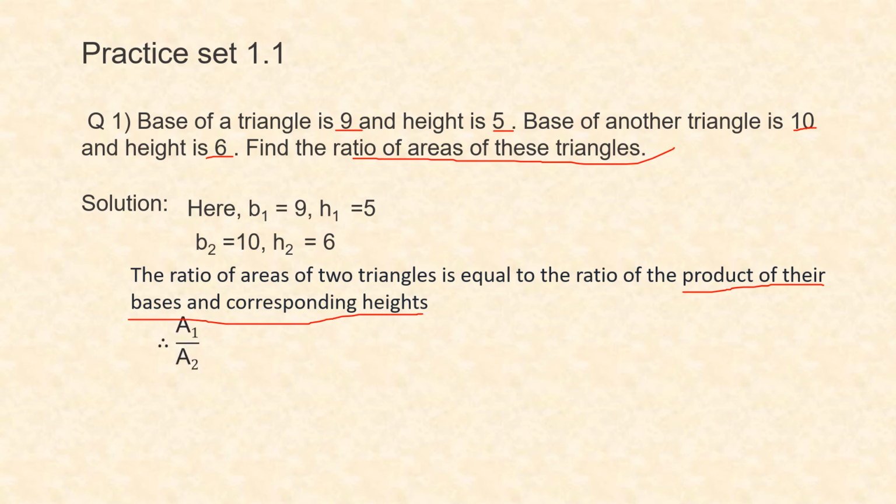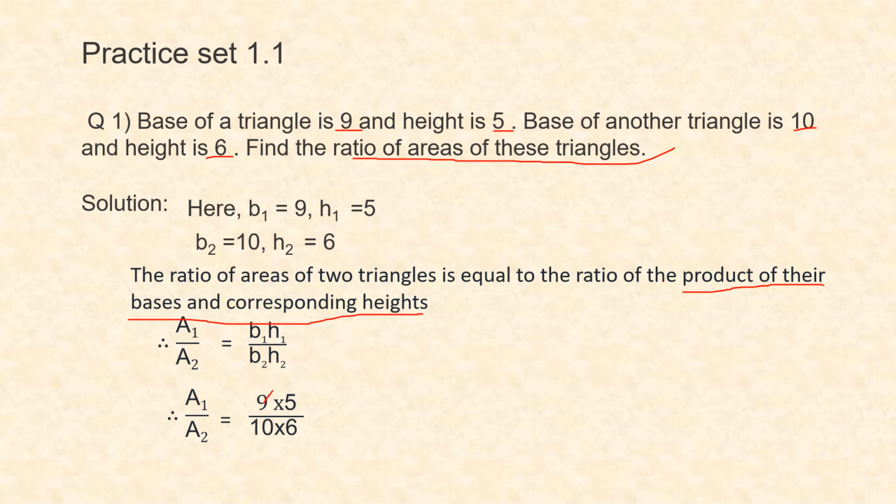Therefore, A1 is to A2 is equal to B1 H1 is to B2 H2. Now substitute the values of B1 H1, B2 H2, equal to 9 into 5 upon 10 into 6.